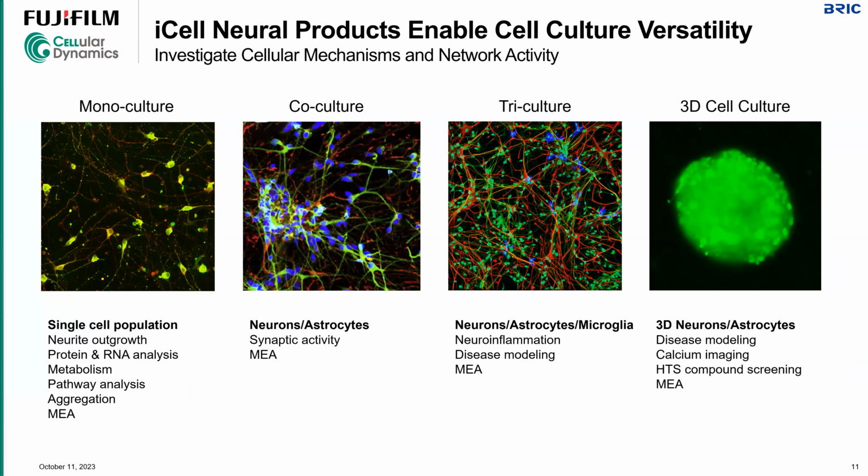And again, this slide just shows you that historically, most of the research has been done in 2D in monoculture, right? Because we are used to having one specific cell type, 2D screening, and job done.